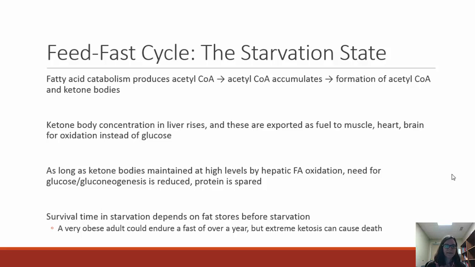The survival time in starvation does depend on the fat stores before starvation. Whereas an average person may be able to survive 1 to 2 months in starvation, a very obese adult could theoretically endure a fast over a year, but extreme ketosis could lead to early mortality.